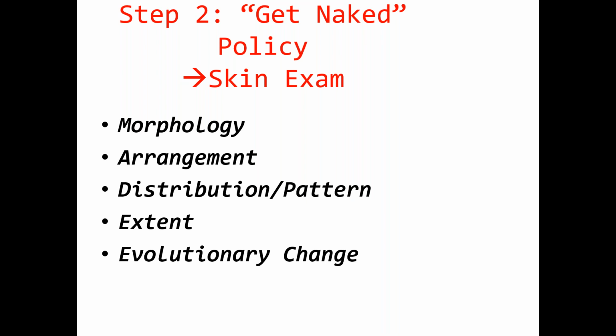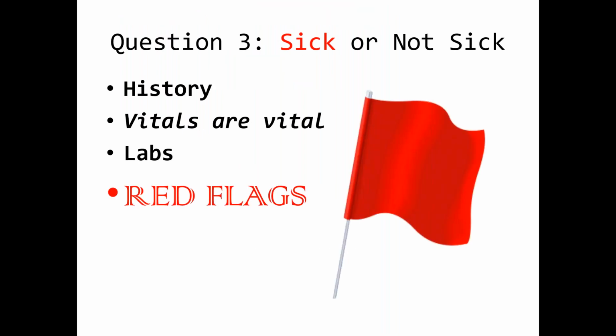The extent of the lesions will tell you how severe the disease is, and the evolutionary changes show how the lesions are evolving. You should take a proper history. Next question is which patient is sick and which is not sick, who needs immediate vitals and immediate care, and who does not need immediate care.